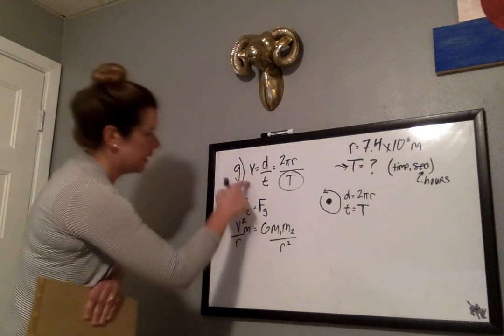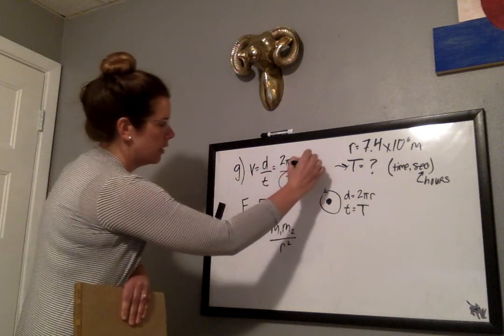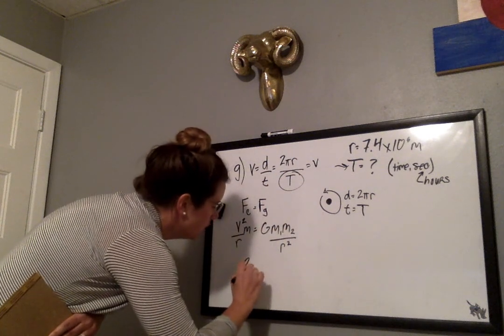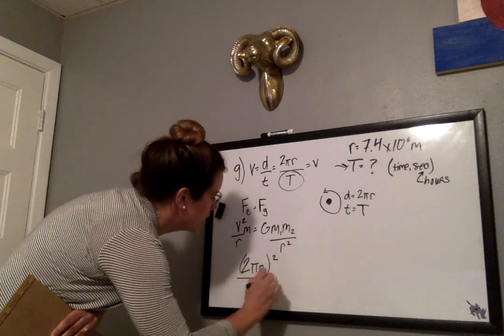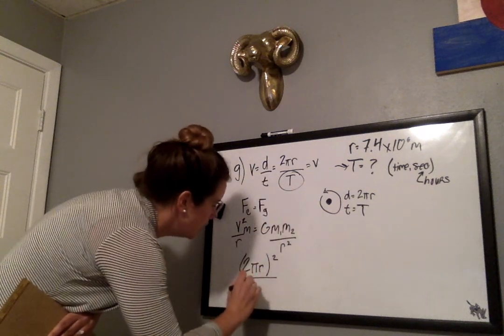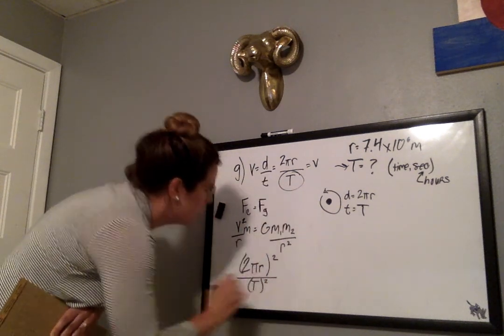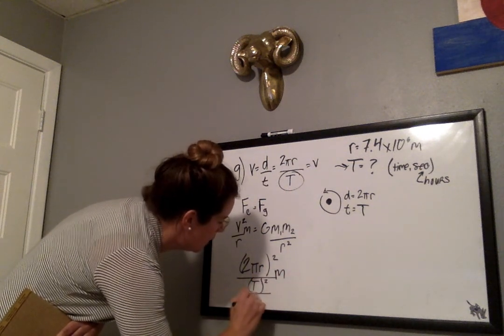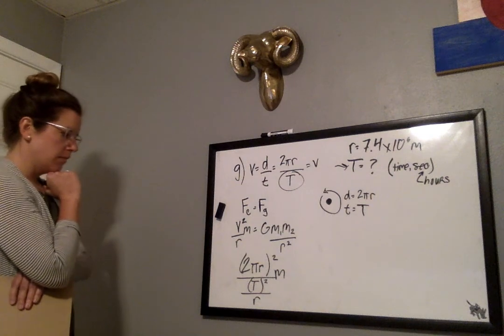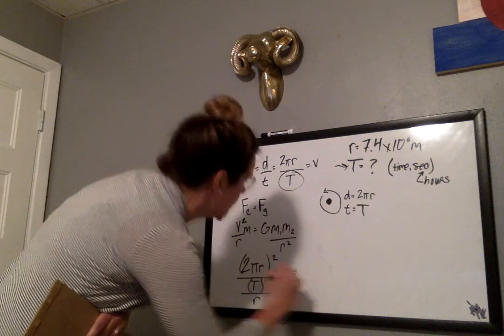V squared, I have this equation for V here already. So 2 pi r, all of those things squared, divided by t squared, times the mass divided by radius. That looks kind of ugly.